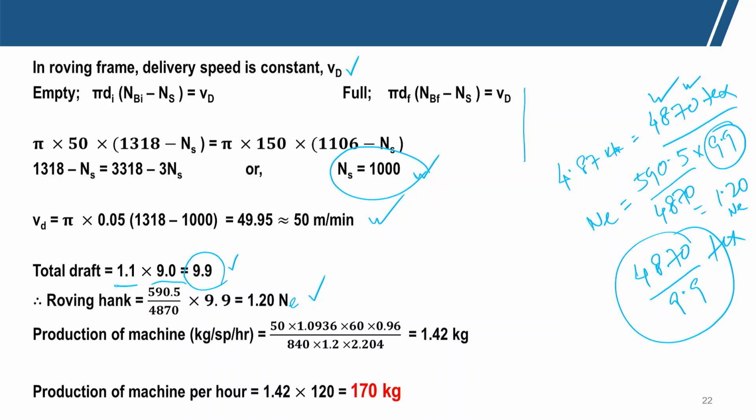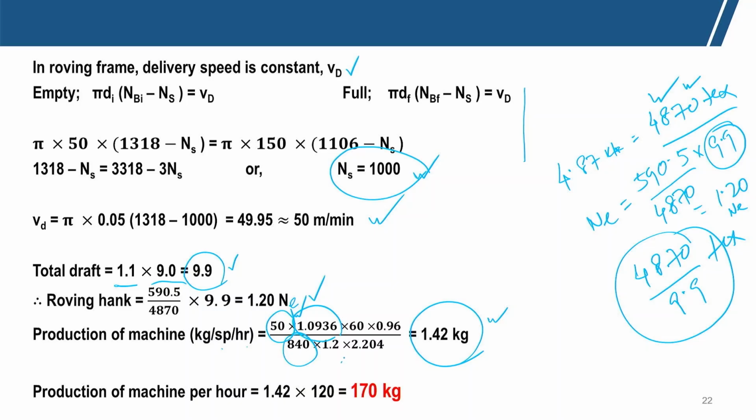From there we can directly calculate the productivity of the machine. This is the production per spindle per hour in kg. We are getting 1.42 per spindle, because the delivery speed is given in meters per minute. From there we multiply by 1.0936, converting it to yards per minute, and when we divide by 840 we get the number of hanks.